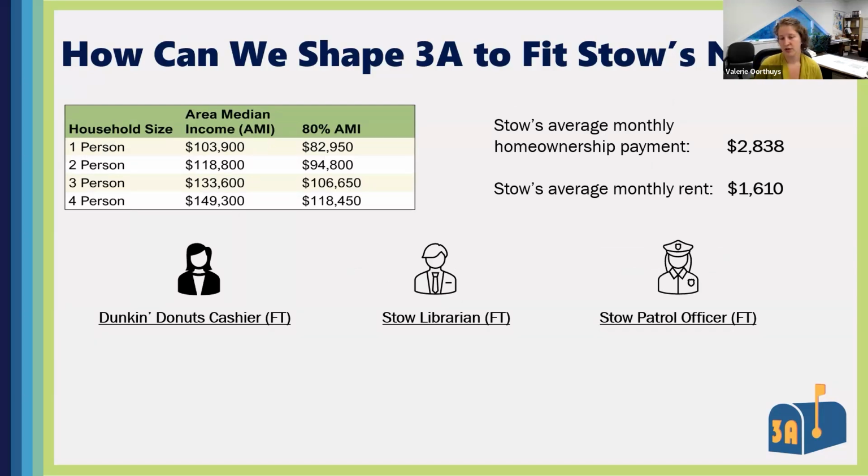We also know that Stow's average monthly homeownership payment is $2,838 per month, and the average monthly rent is $1,610. Though I will just qualify that a little bit because the rental number has a high margin of error because we have such few rental opportunities in Stow. So that figure could actually be quite a bit off.